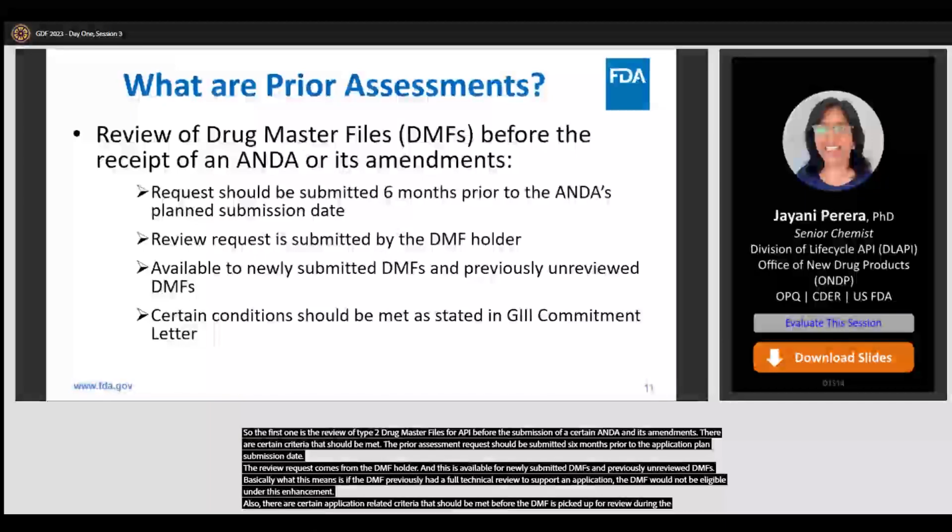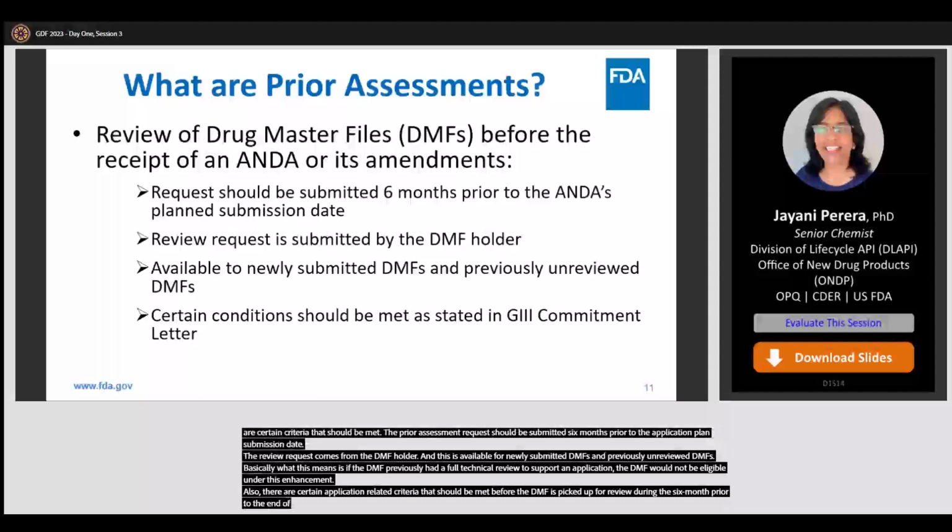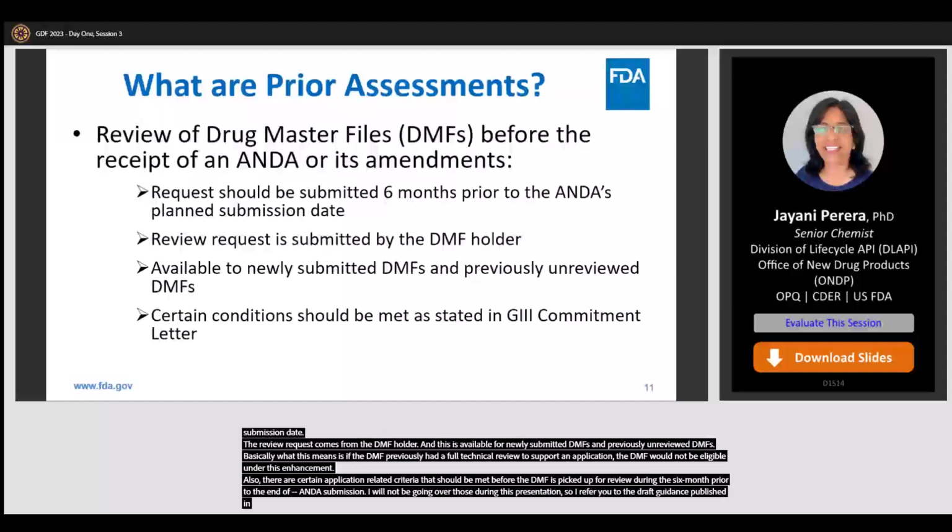I will not be going over those criteria during this presentation. So I refer you to the prior assessment draft guidance published in October last year and the SBIA DMF workshop held in November last year. Links to both are added at the end of this presentation for your convenience.